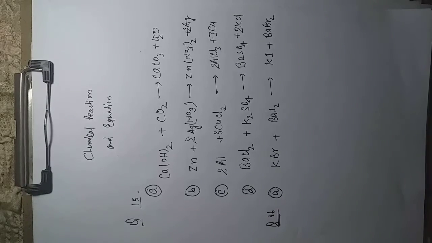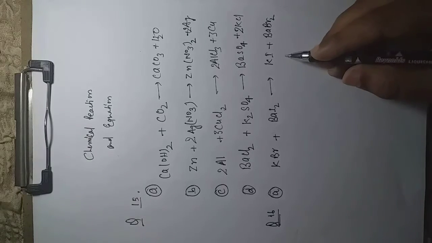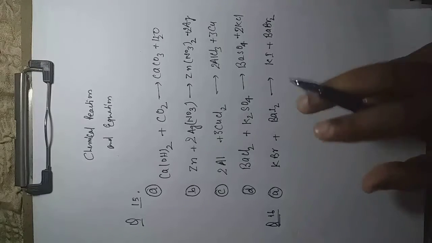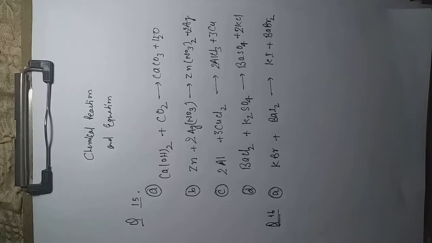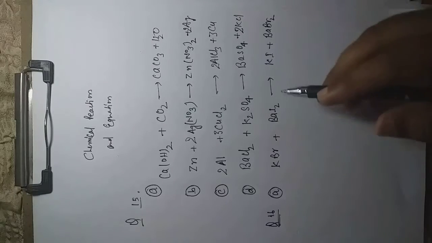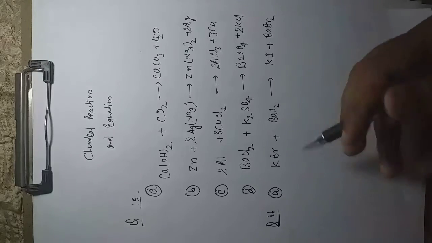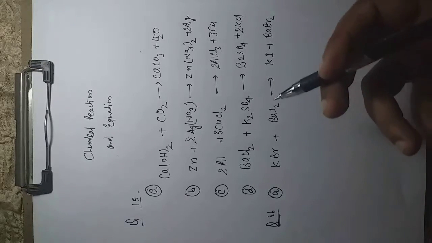Because it's already given in the question that barium bromide is formed, and what we are watching here is that potassium and barium replace each other. It means this is an example of a double displacement reaction. Before identifying the type of reaction, you go with balancing the equation.